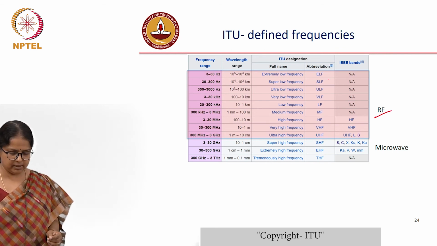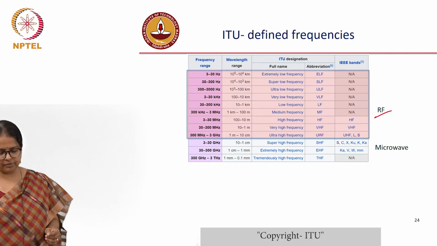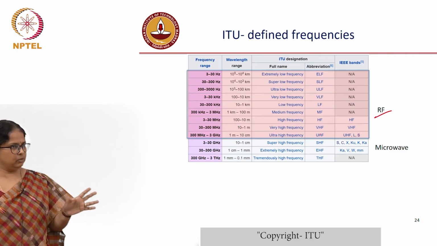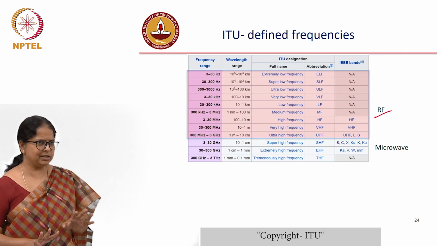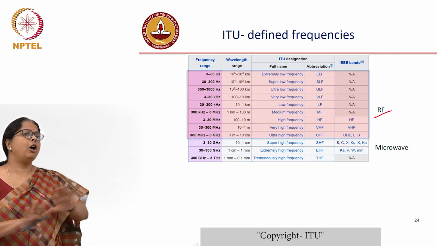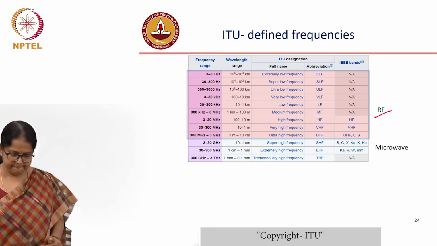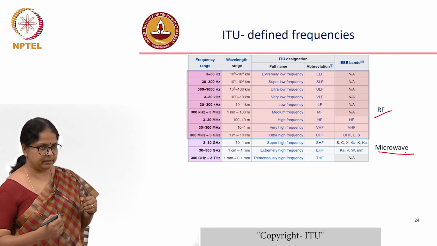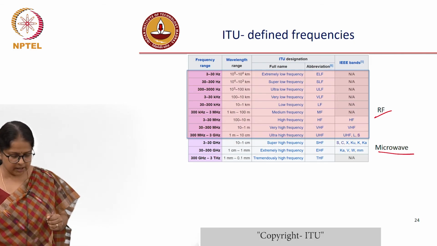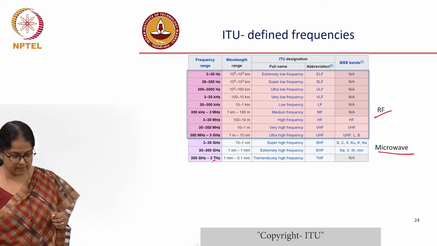In between you have all this UHF, VHF, MF, HF and so on. Again I am repeating, this is not to mug up, but to understand the order of magnitudes. Microwave, again used for satellite and radar systems, goes from 30 hertz, anyway, up to 3 terahertz actually.